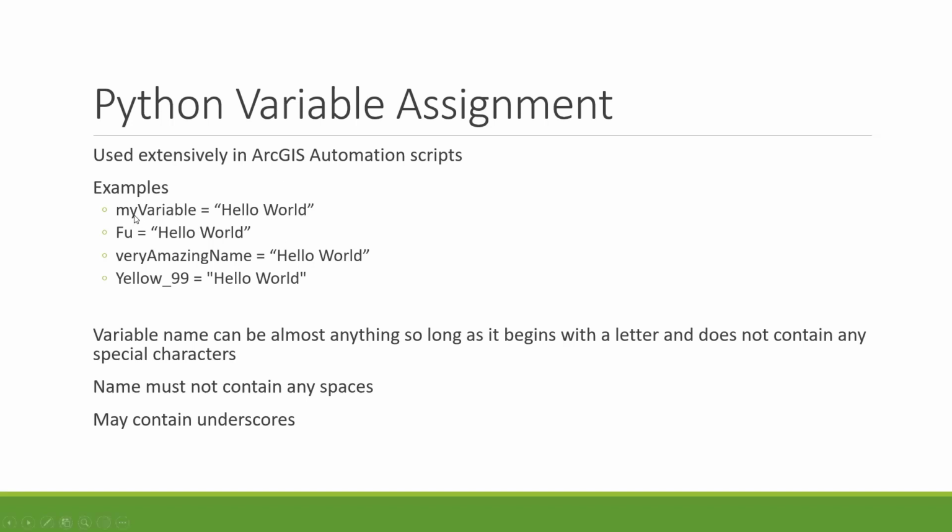Generally you can start it with any number of characters. They can be letters, they can't be numbers or special characters. You also aren't allowed to put spaces inside of your variable names. They just won't work. But they can contain underscores.